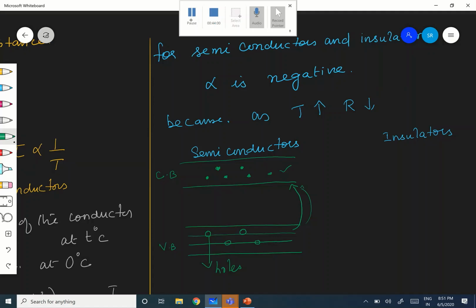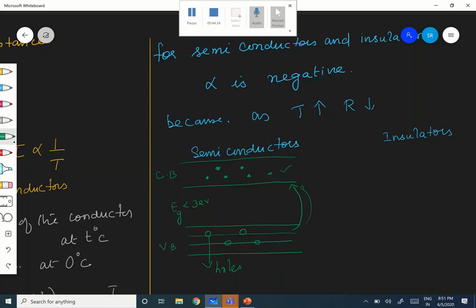This gap is Eg, and this gap is very small. You can even say it is less than 3 electron volt or so. Because it is small, the electrons can easily jump from the valence band to the conduction band.